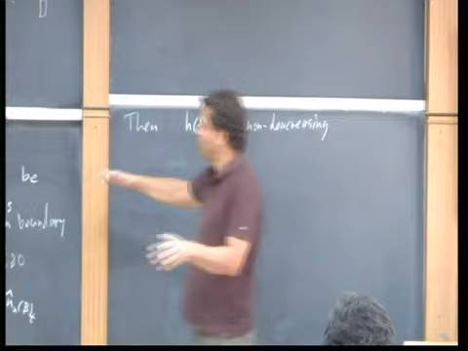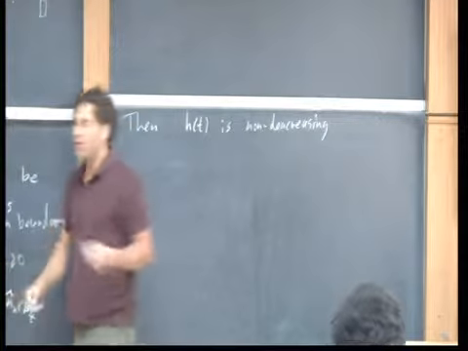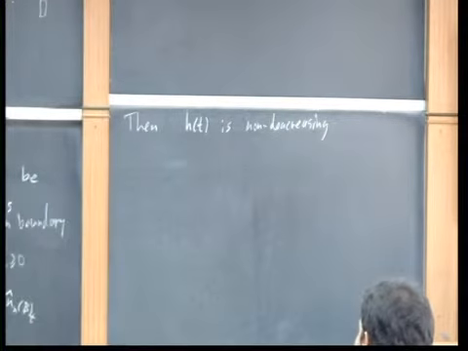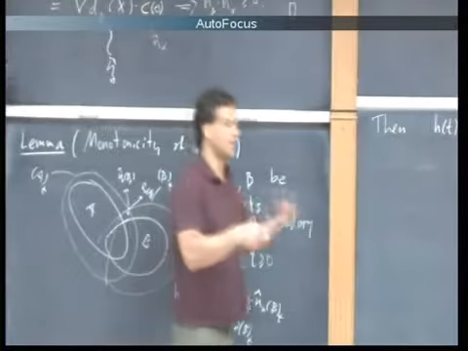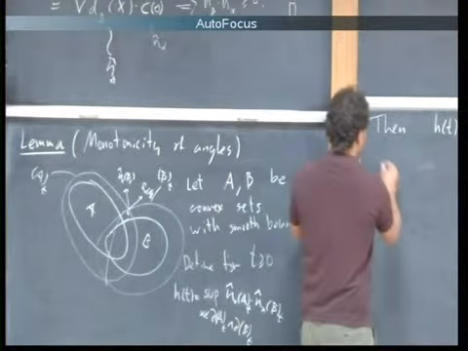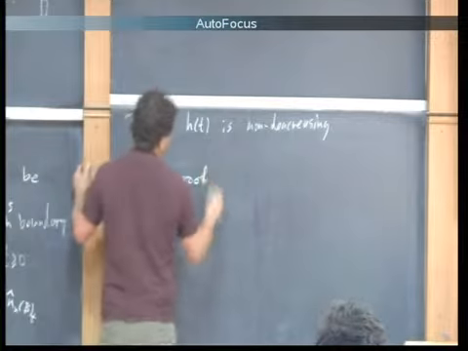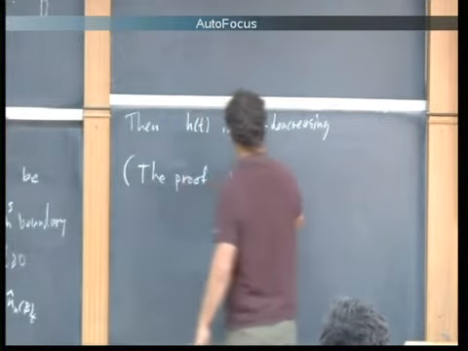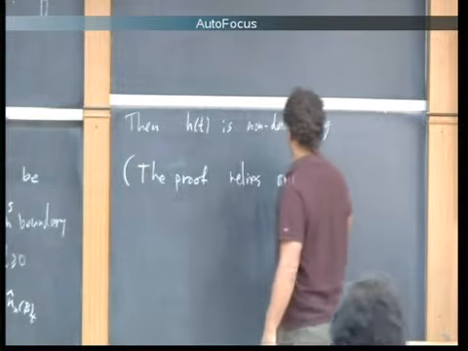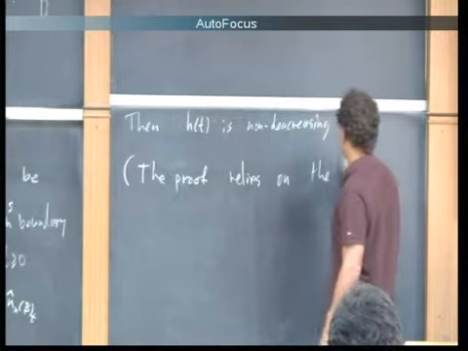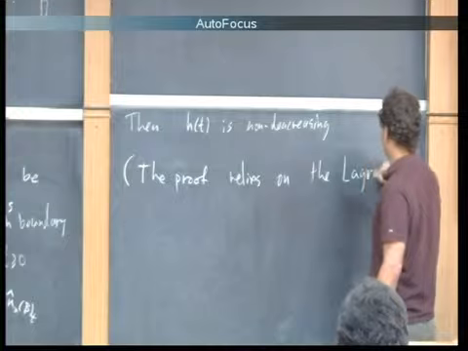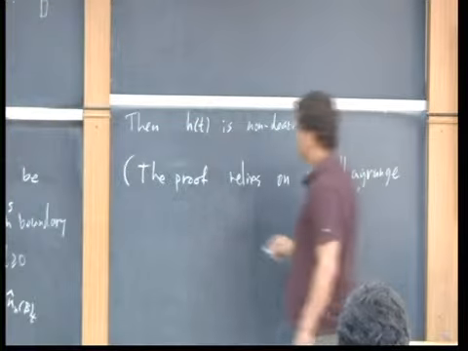And the proof, intuitively, it's clear. When you try to write a proof, it's not so easy, it's technical. The proof that I wrote relies on the Lagrange multiplier theorem.